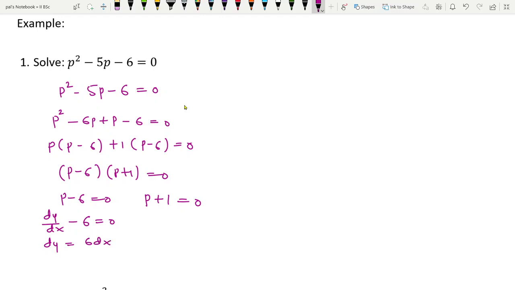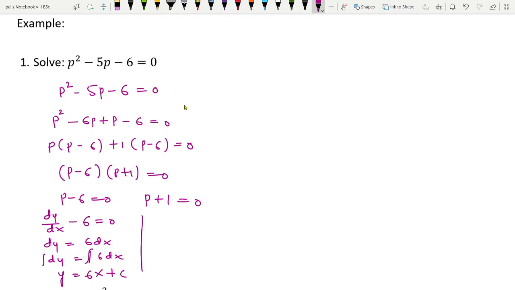Taking minus 6 across, it becomes plus 6, and by cross multiplication, dy is equal to 6 dx. Integrating this, integration of dy is equal to integration of 6 dx. Integration of dy is y is equal to 6, which is the constant, integration with respect to x is x plus c.